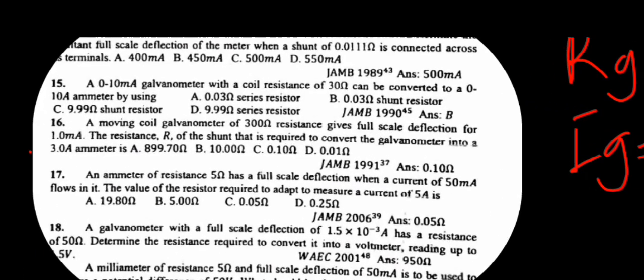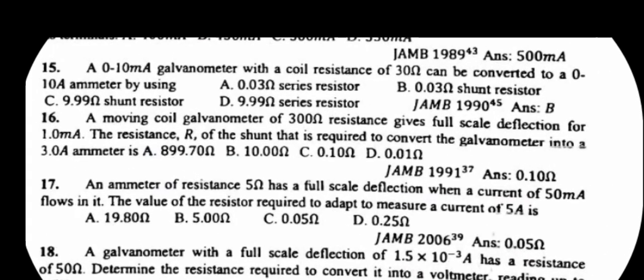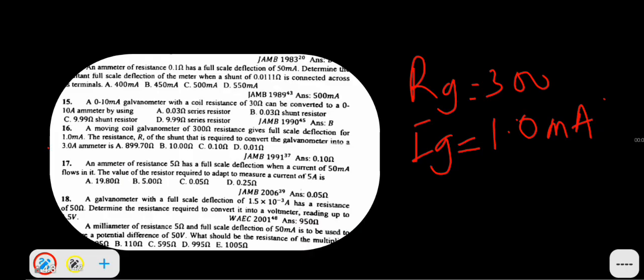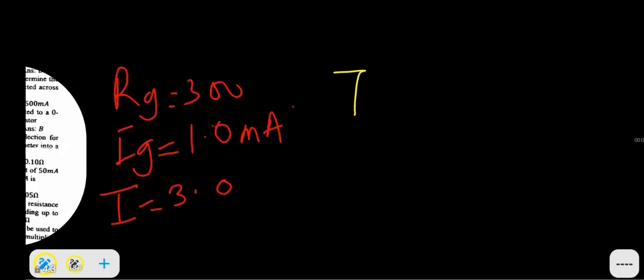We have to find the resistance RS of the shunt that is required to convert it into an ammeter to measure a current of 3 amperes. So I is 3.0. So you're looking for RS, which is the shunt resistance. So this is how you're going to work it.